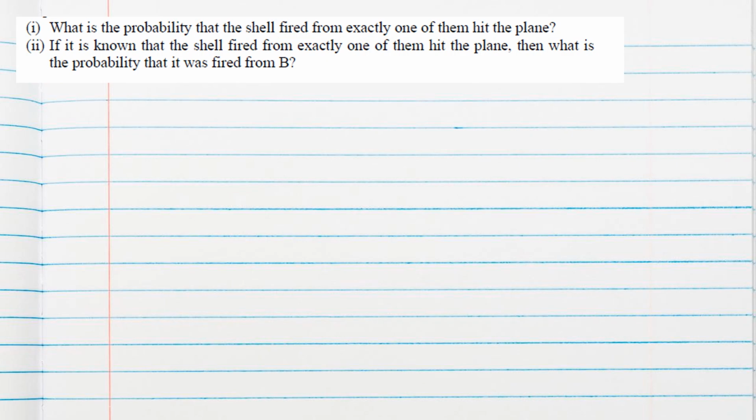Now let's discuss the second question. Question is, if it is known that the shell fired from exactly one of them hit the plane, then what is the probability that it was fired from B? Now see, exactly one of them we already found in the first question.